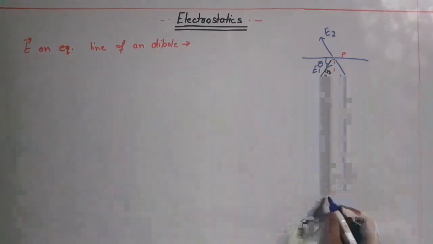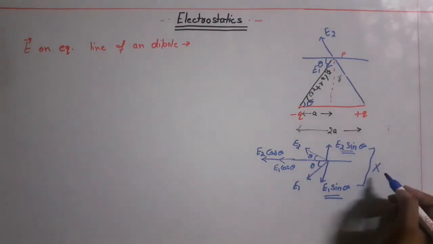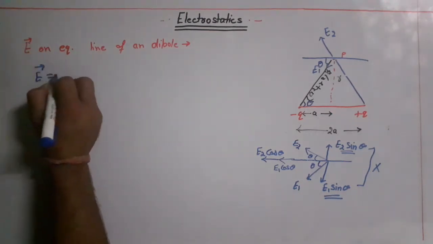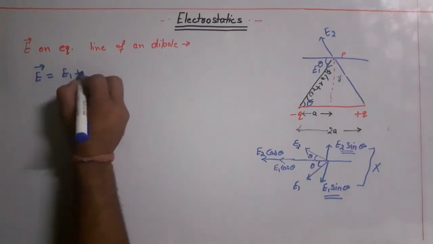As you can see, E1 sin theta and E2 sin theta are in exactly opposite directions and the magnitudes of both quantities are the same. So these two will cancel each other. Only E2 cos theta and E1 cos theta will give us the net electric field. So total E will be equal to E1 cos theta plus E2 cos theta.